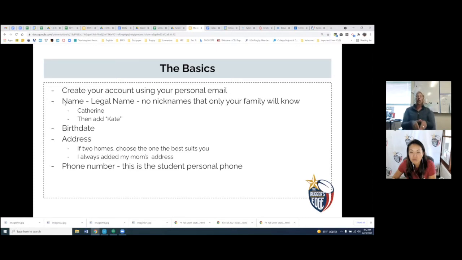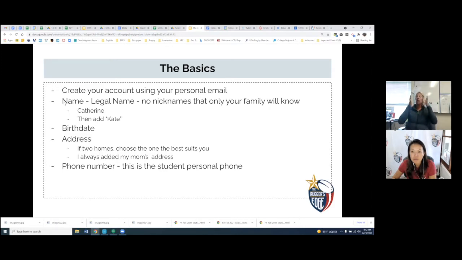If you have two homes, you can use whichever suits you, but make sure that you have access to that home, and that if anything gets mailed to that house, you can have access to it, okay?